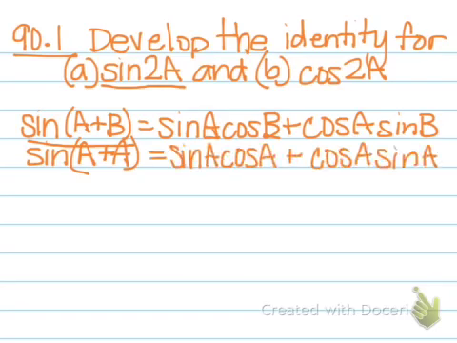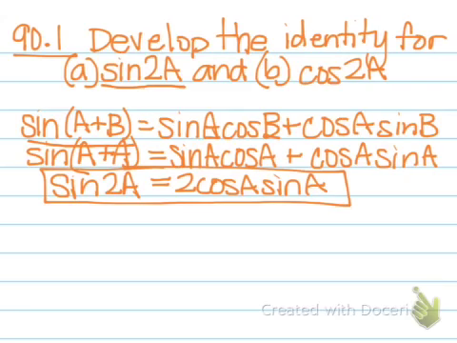We'll replace everything: sine a, cosine a, sine a. Using the commutative property, you've got 2 cosine a, sine a, or you could say sine a, cosine a, either way. So there's our identity for sine of 2a. It's just 2 cosine a, sine a.